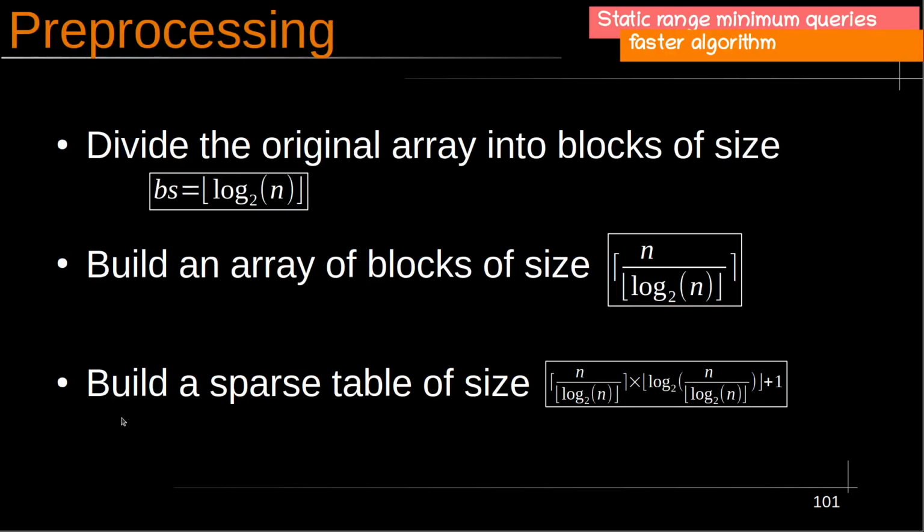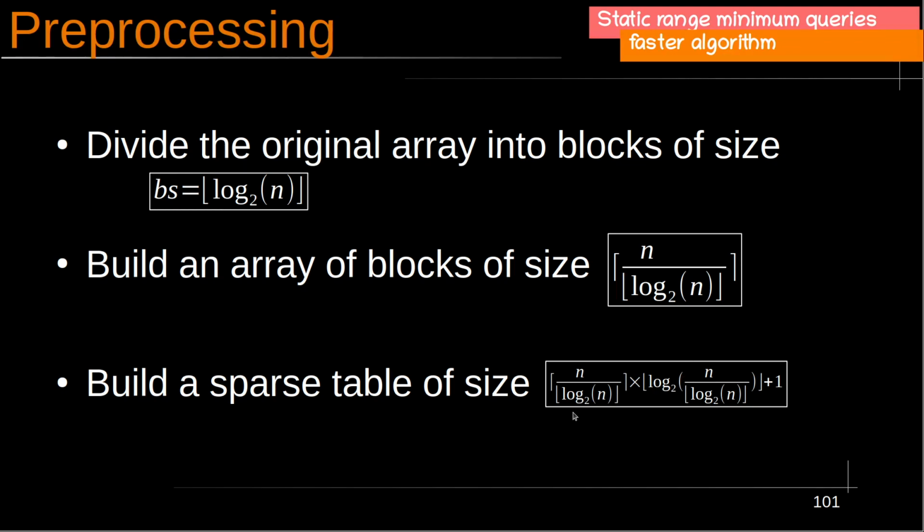So if we put it all together now, we divide the original array into blocks of size bs, where bs is equal to the floor of log base 2 of n, and later we're going to see why we use the floor here. We build an array of blocks of size n over bs, and build the sparse table on the array of blocks.